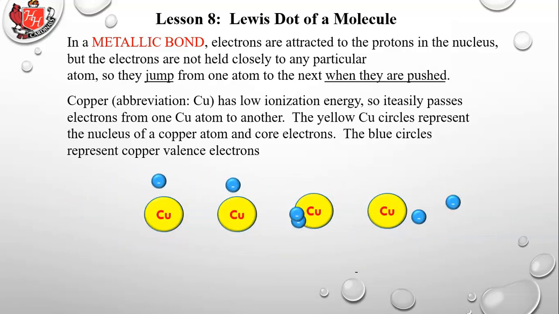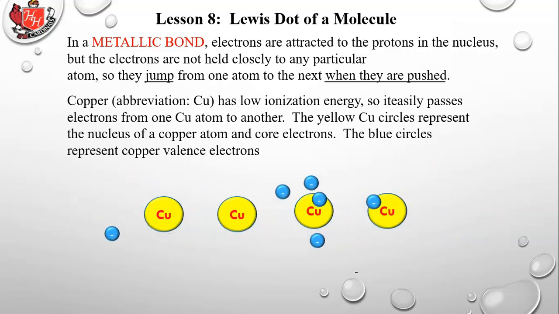to another. The yellow copper circles represent the nucleus of the copper atom and the core electrons. The blue circles represent the valence electrons, those outer electrons. So you see, they're not permanently ionized from one atom to another. They just keep jumping around between the atoms because they're not tightly held to any one atom.